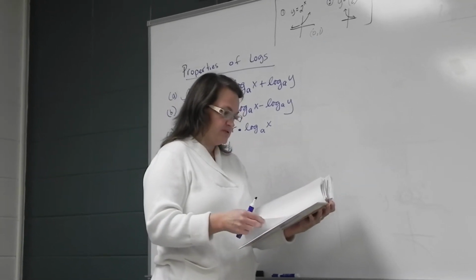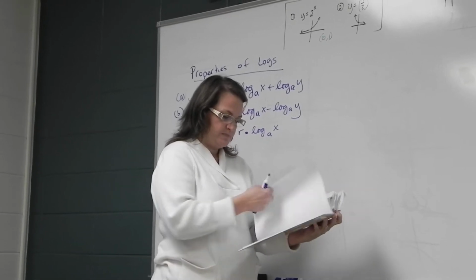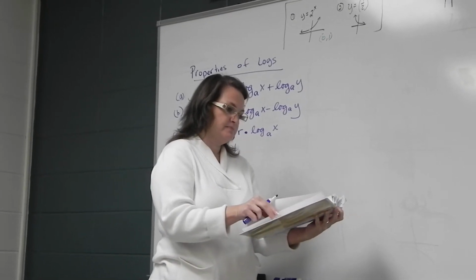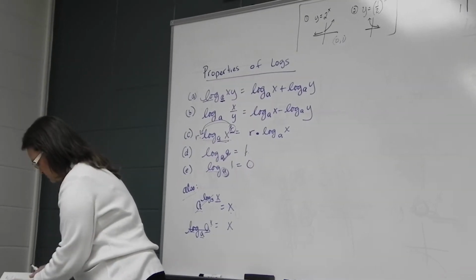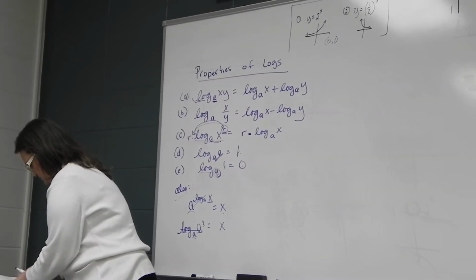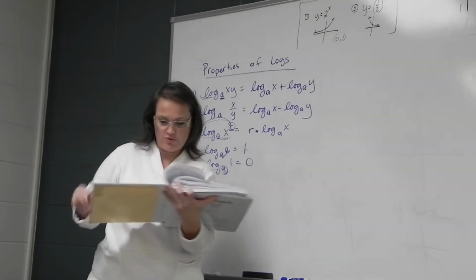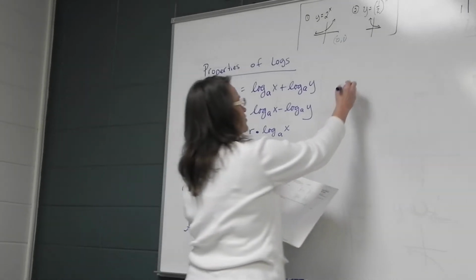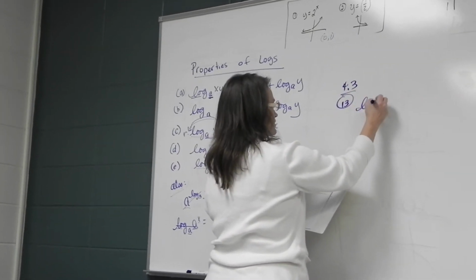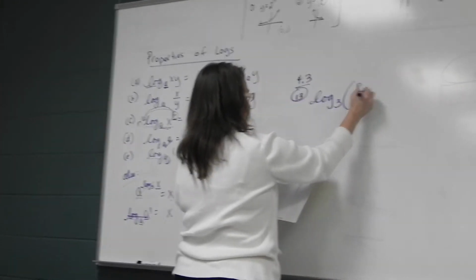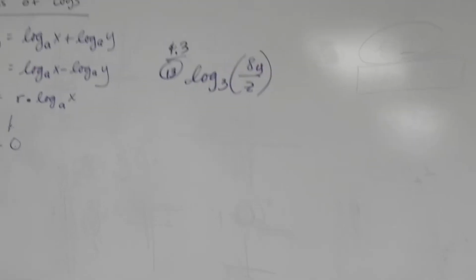But let me show you some of your homework problems and an example, if I can find one. Okay, so this is number 13 in your 4-3 homework. And it just wants us to practice expanding this with these rules that we've just learned.